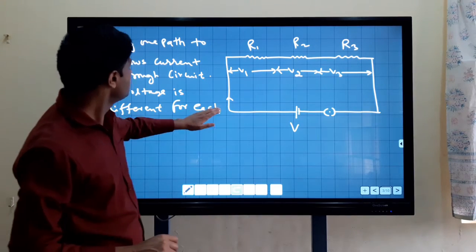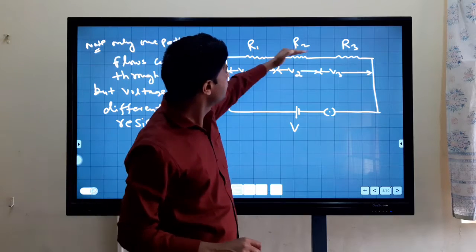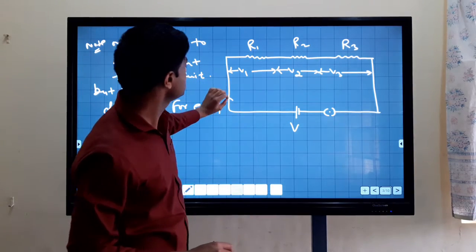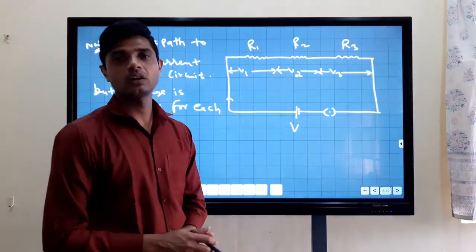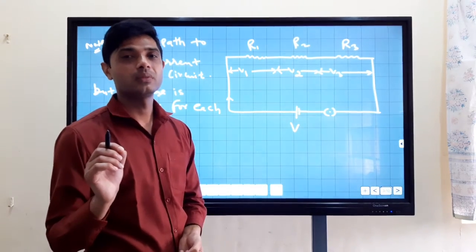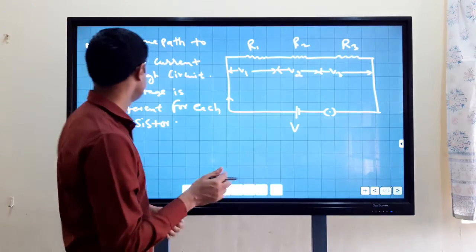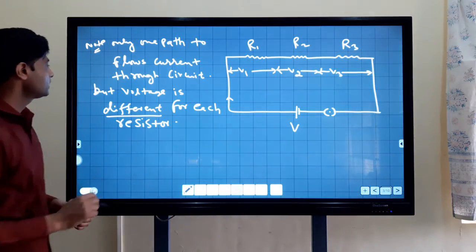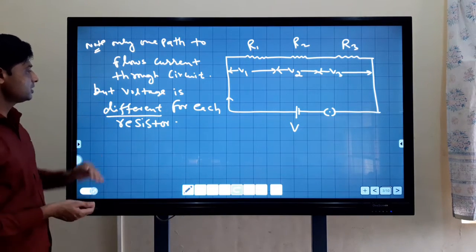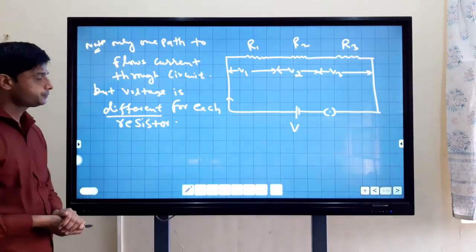Only one path is available to flow current, but the voltage across each resistor is different.